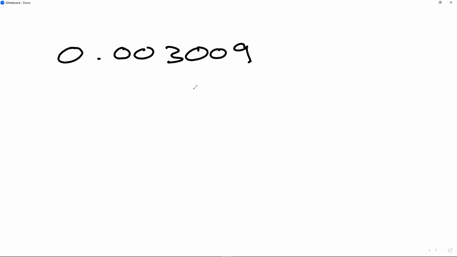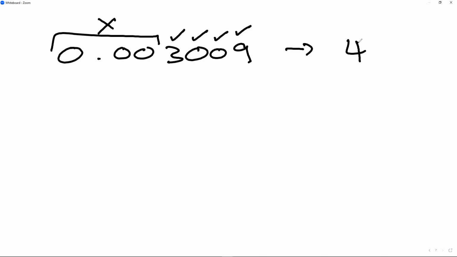Yeah. All right. Then let's suppose I've got 0.003009. So remember here we have to remember which ones are significant, which ones are not significant. So the numbers that are before are going to be not significant. The numbers that are significant are the numbers after, in which case this is going to be 4 significant figures. All right.